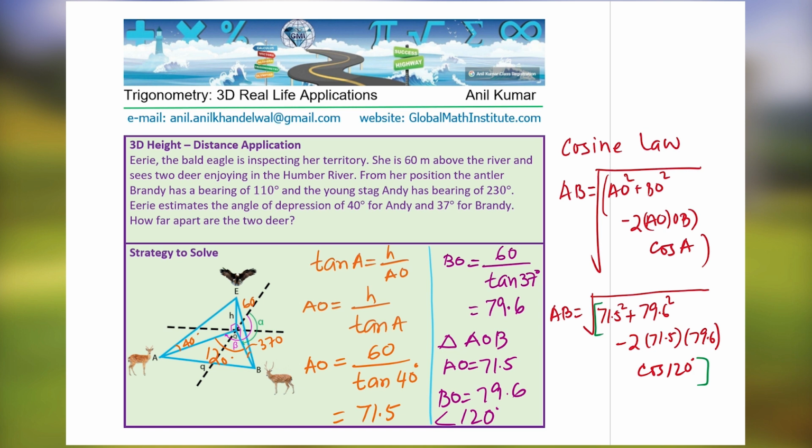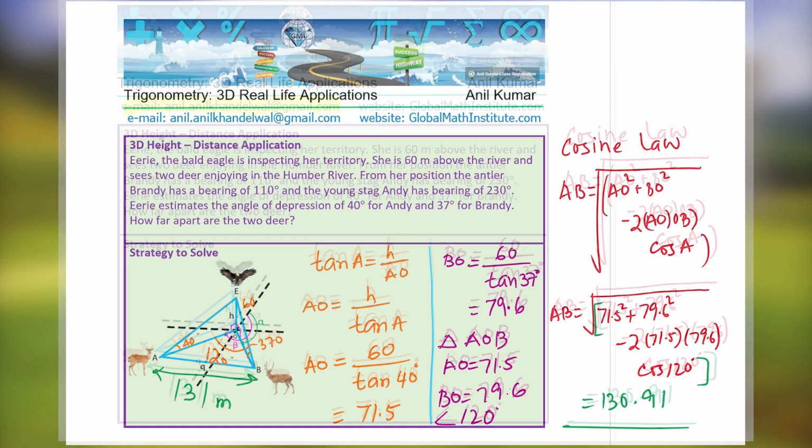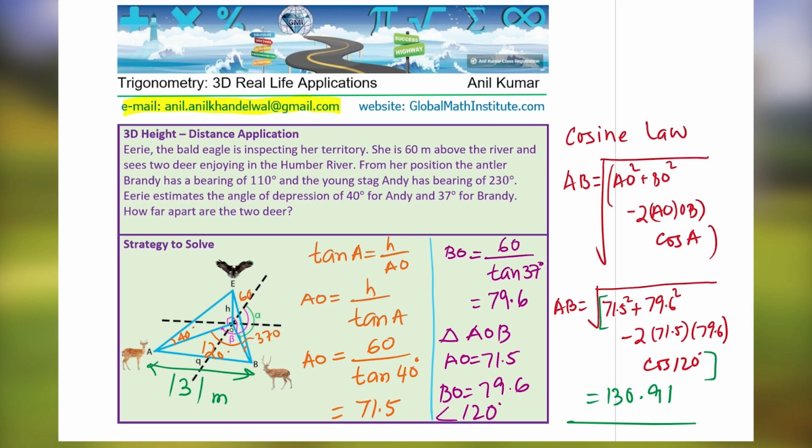So equal to the result square root, answer gives me around 130. It is in fact 130.91. So that is the distance between the two. So we found that the distance can be written as approximately 131 meters between the two deers. Is that clear to you? So we use the cosine law to find the solution at the end. So I hope you have understood this solution.